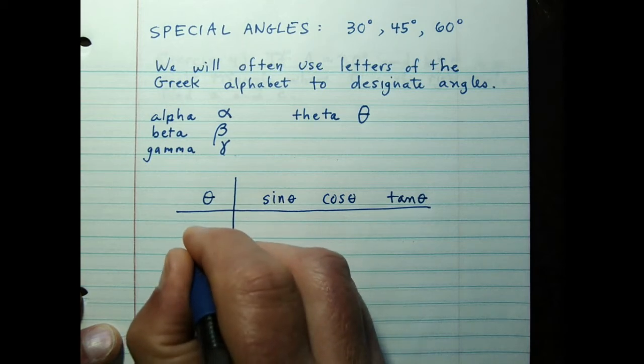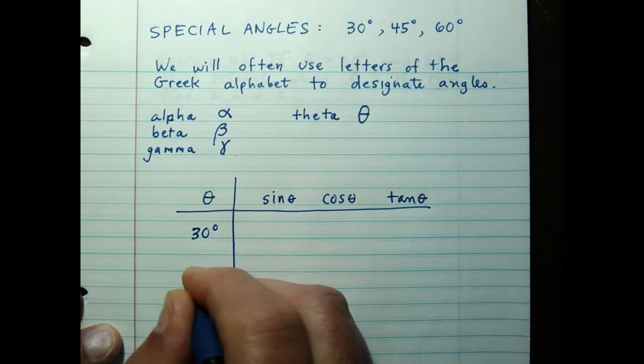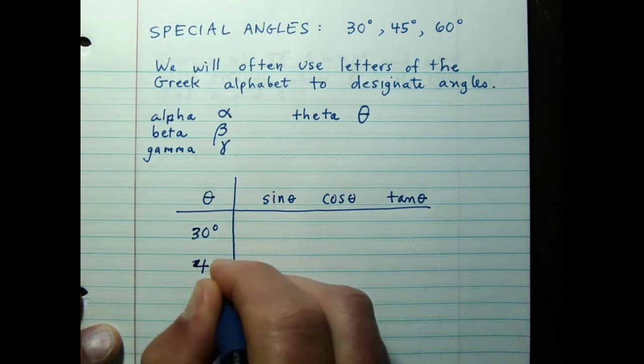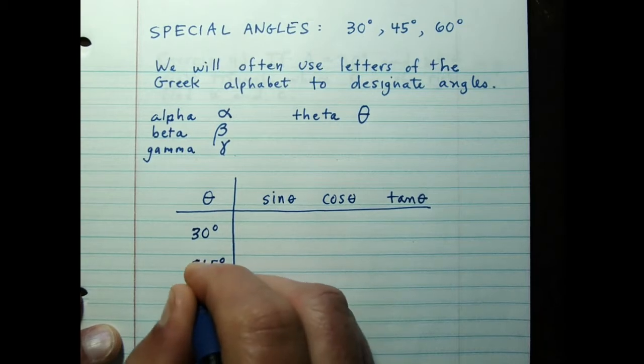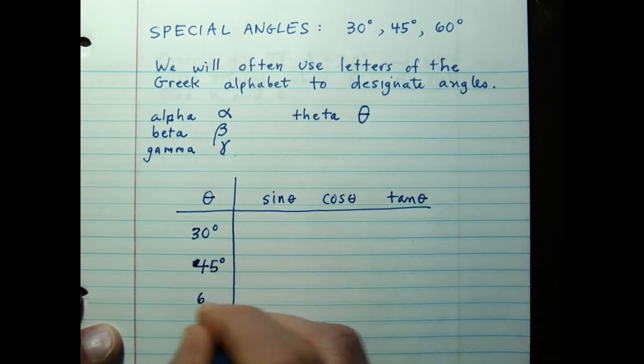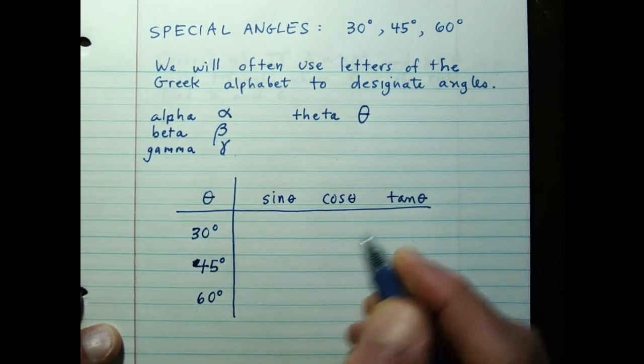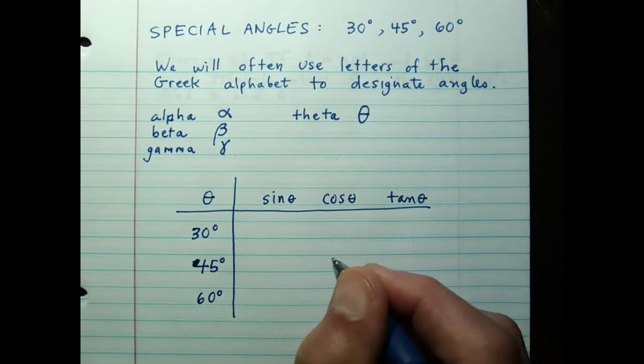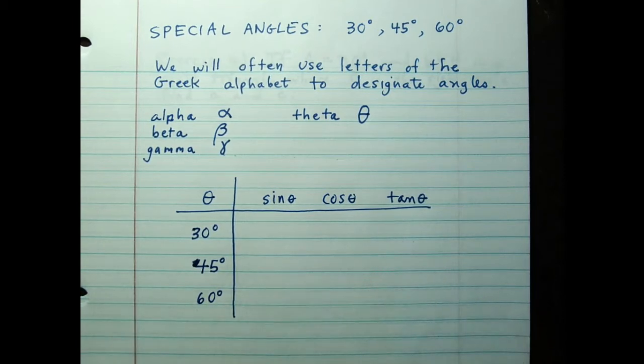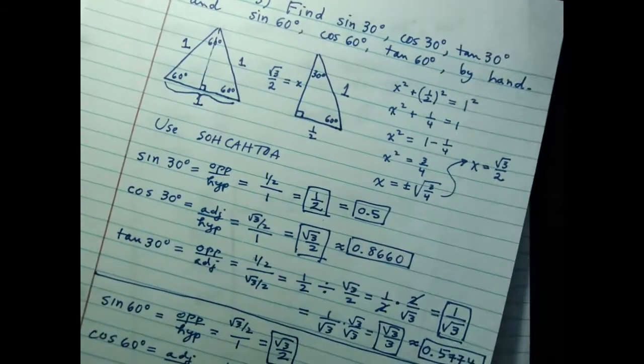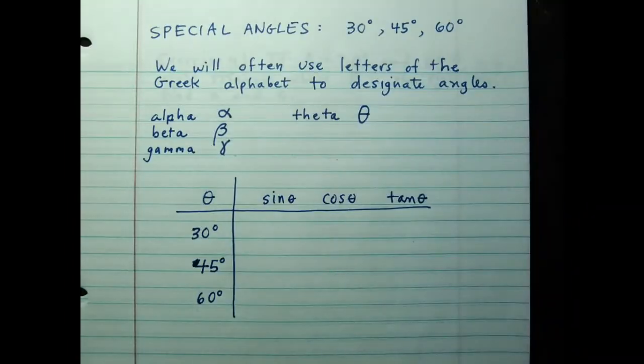And I'm going to write my three special angles in order smallest to largest. 30 degrees, 45 degrees, so 45, and 60 degrees. And I'm going to fill in the values that we just figured out in previous videos for these. Remember we did this, I've written down from before for 30 and 60 degrees.